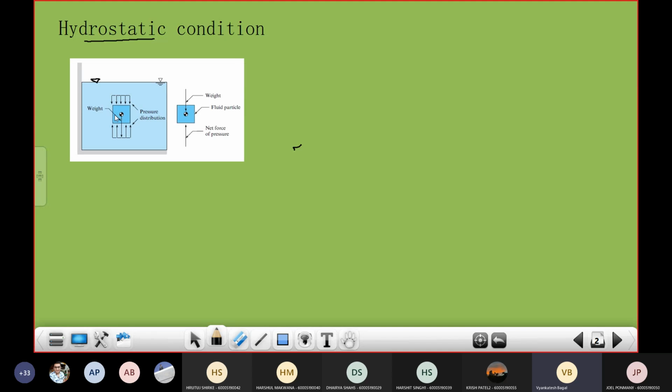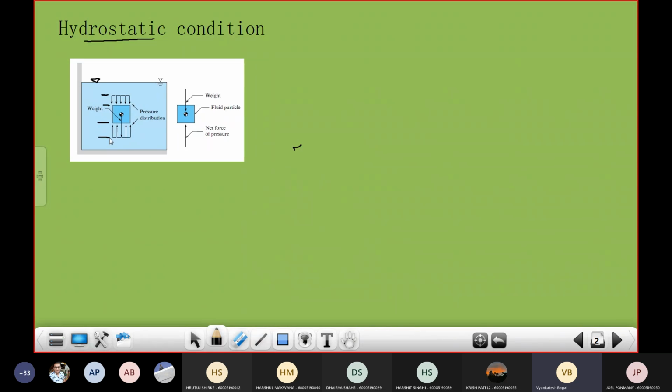The pressure distribution at the top edge of the element and the bottom edge of the element is shown, right? So this basically denotes the magnitude of the pressure acting at the top face, and in the same way at the bottom face.